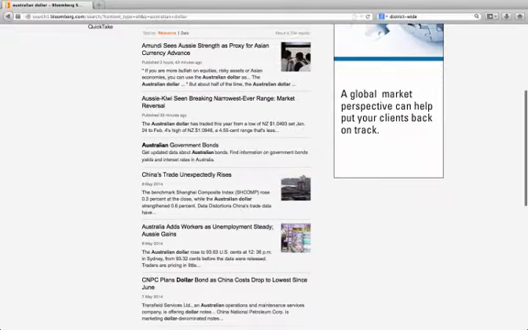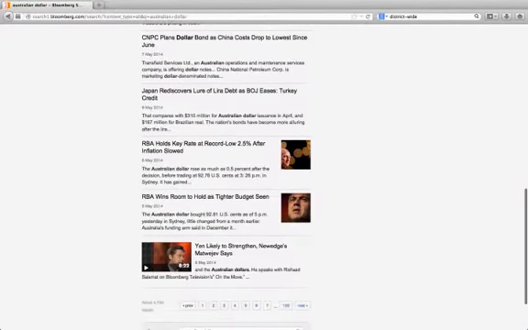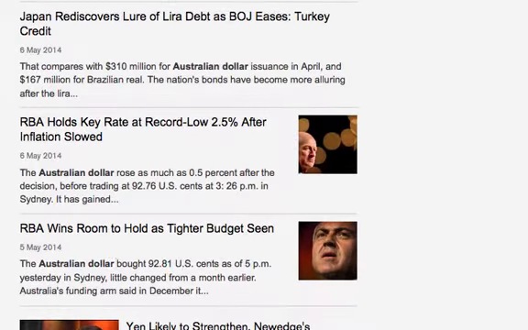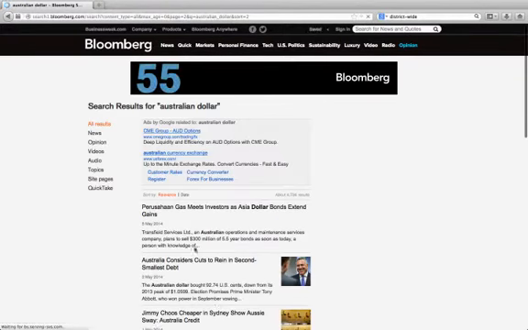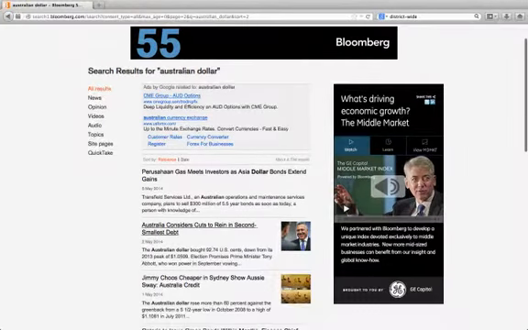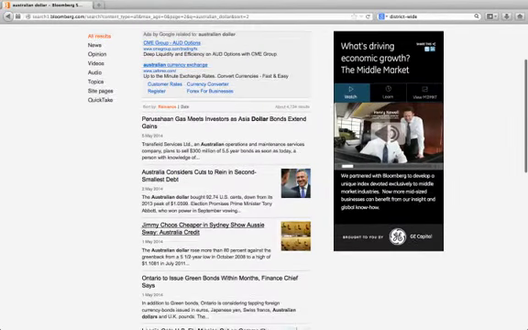I want to read about the Aussie dollar before I up my stake in the trade and read about all the different options that there are and read about all the different currency movements that are happening. And what I'm really looking for is something that is going on in their central bank.